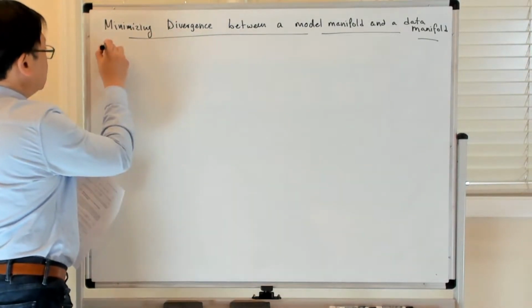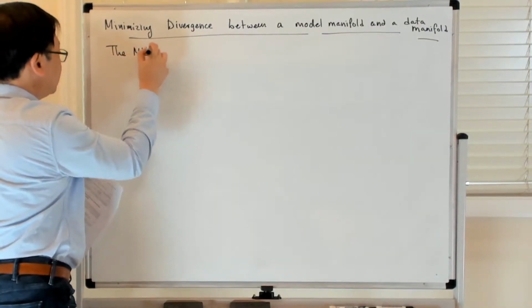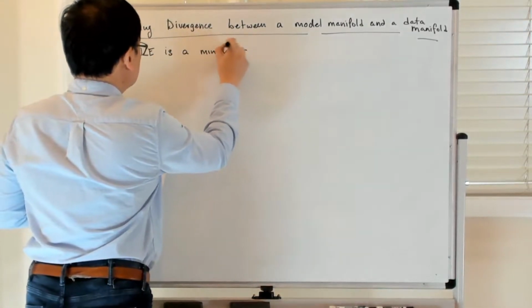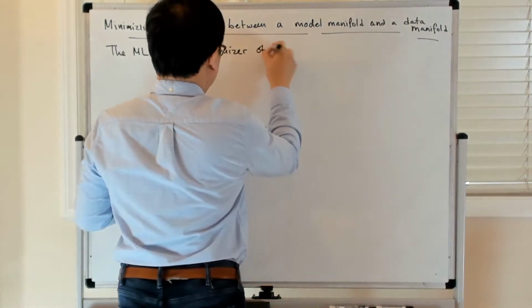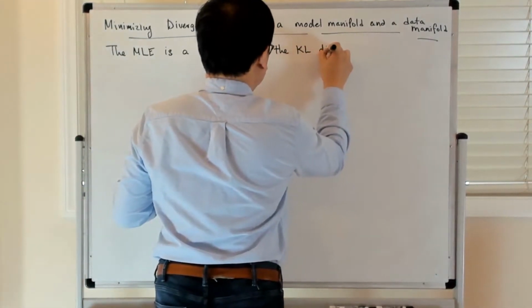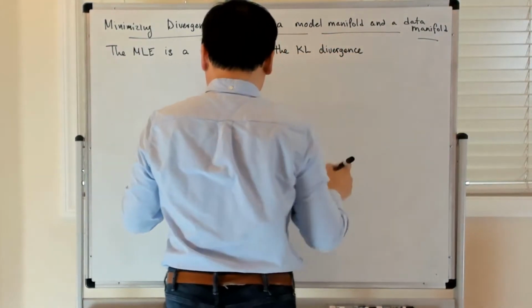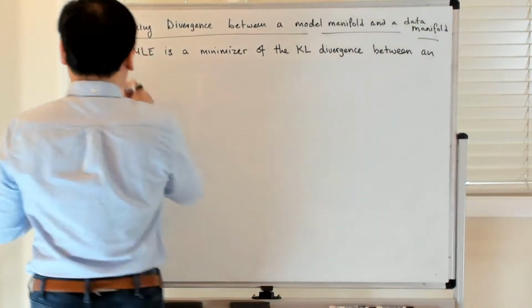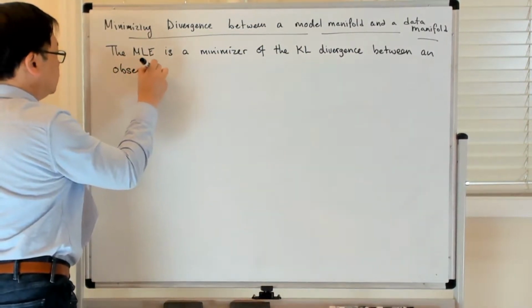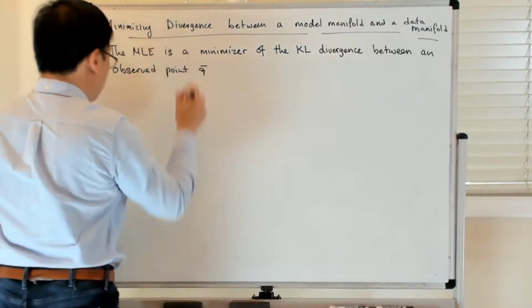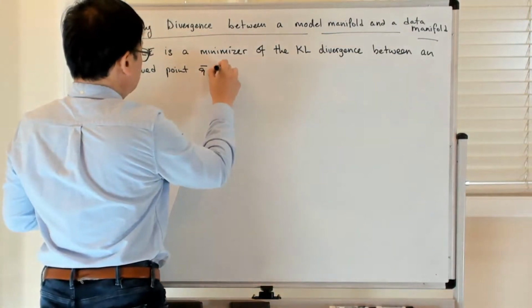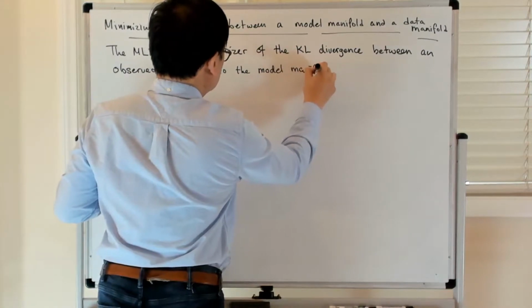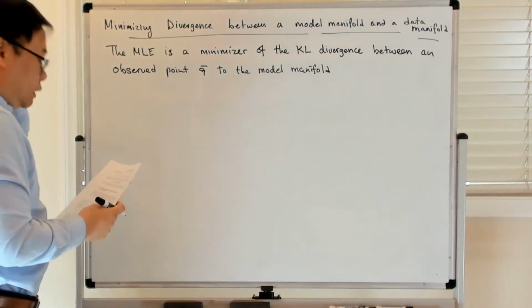What happens is that the maximum likelihood estimator is a minimizer of the KL divergence between an observed point Q bar and the model manifold in the fully observable setting.